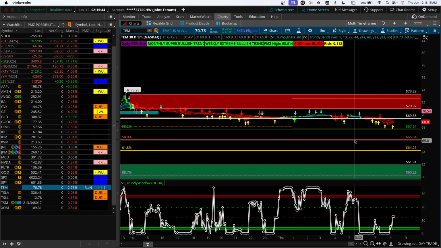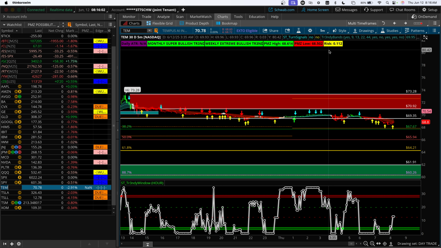Now, I do need to keep in mind this name is very bullish, and this golden pocket here at 65.94 by 64.21 could be a place that buyers show up. So PMZ high 68.61, PMZ low 68.50. That's a risk of 11 cents.